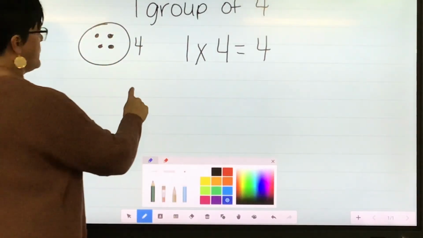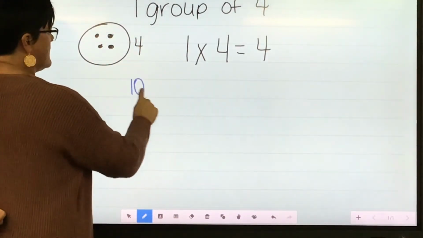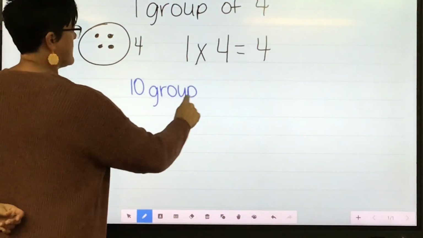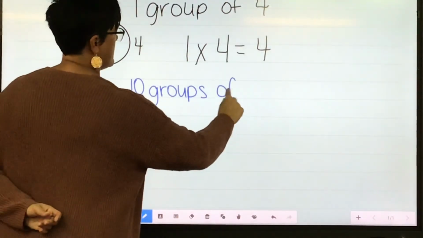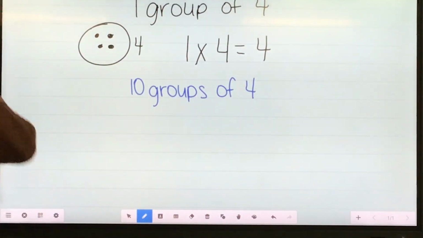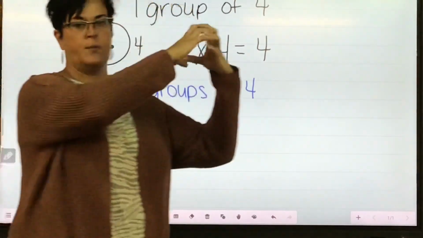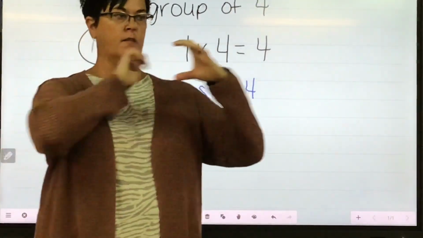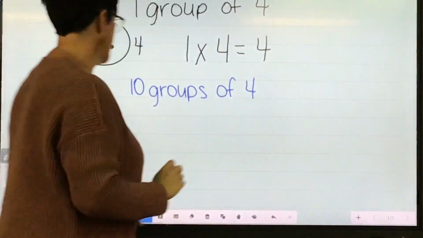This time we're going to do 10 groups of 4. So 10 groups. How many in each group? 4 in each group.